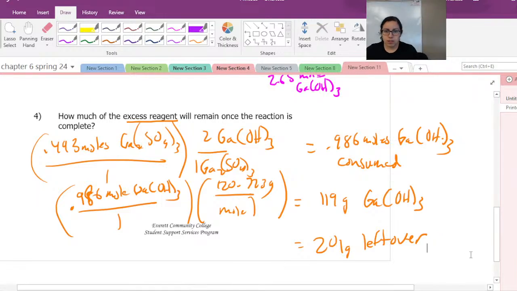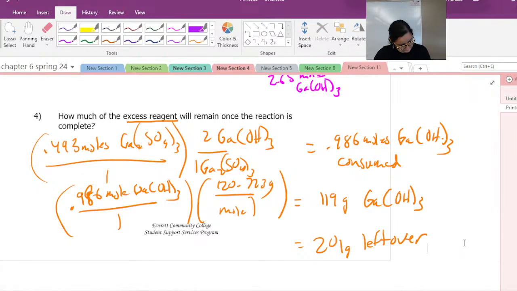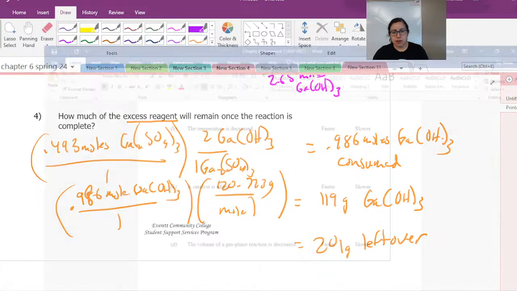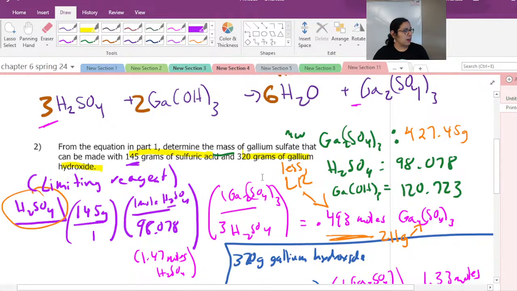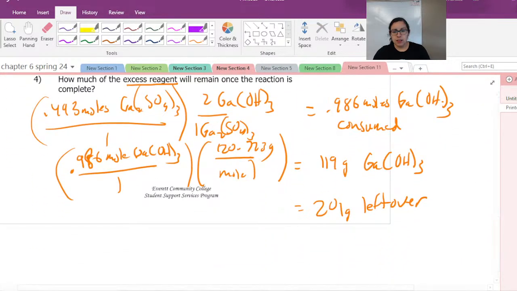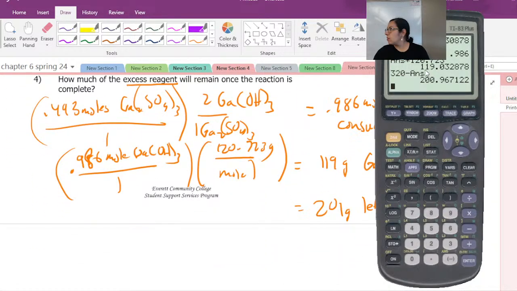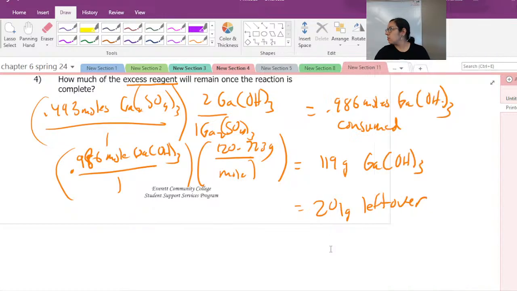Any other last thoughts or questions on that one? Oh, that was just from subtracting. So we had said we initially had 320, and then I subtracted the 119 that we got, so how much was actually used, so that gives us the 201.